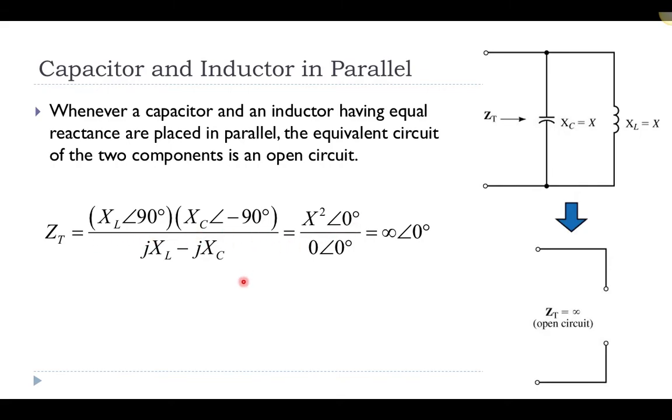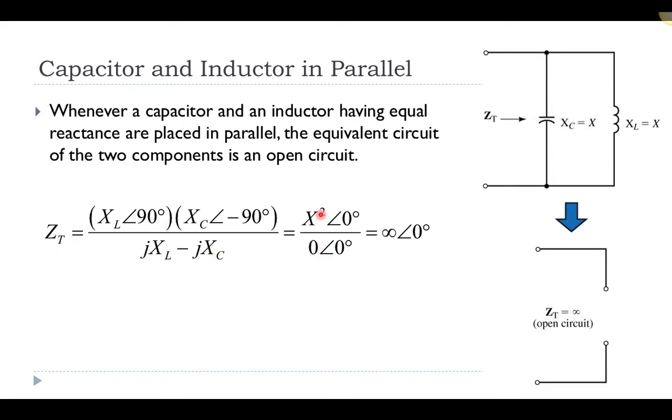On the bottom, I have to add their impedance values. The inductor is an imaginary part that's positive. The capacitor is an imaginary part that's negative. I'm adding these two quantities together. They have the same reactance values. These are both X, so if I take this and subtract the same thing from it, I get 0.